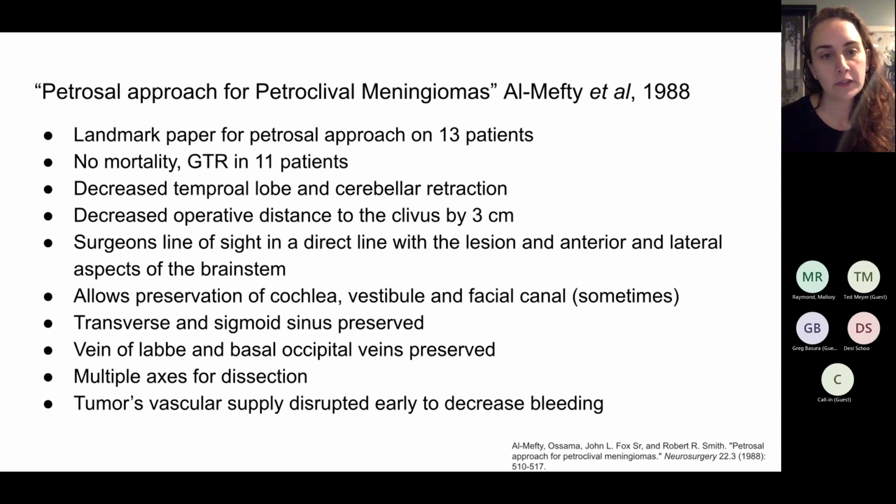The way he described the surgery allowed for preservation of the cochlea, vestibule, and facial canal, though this is not always the approach that's used, and we'll talk about that, as well as preservation of the transverse and sigmoid sinus. The vein of Labbé, as well as the basal occipital veins, were preserved. It allowed for multiple axes of dissection and disrupting the tumor's vascular supply early, which leads to decreased bleeding as you're removing the lesion.